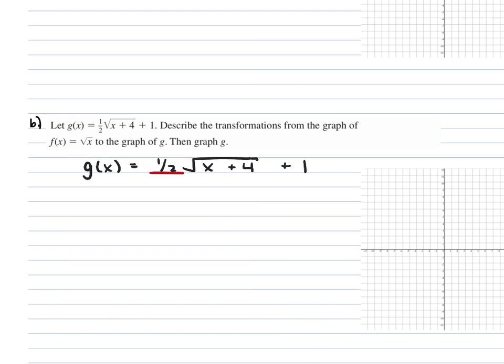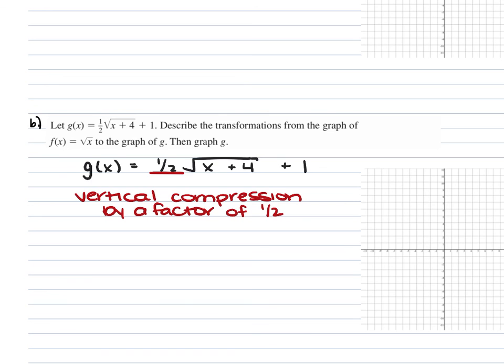The 1/2 is in front of the radical, so we are going to have a vertical compression because it's less than 1 but greater than 0, by a factor of 1/2. Next is that plus 4 underneath the radical. Think opposite, that would be to the left 4 units. And lastly, we have that plus 1 after the radical, so we're going up 1 unit.